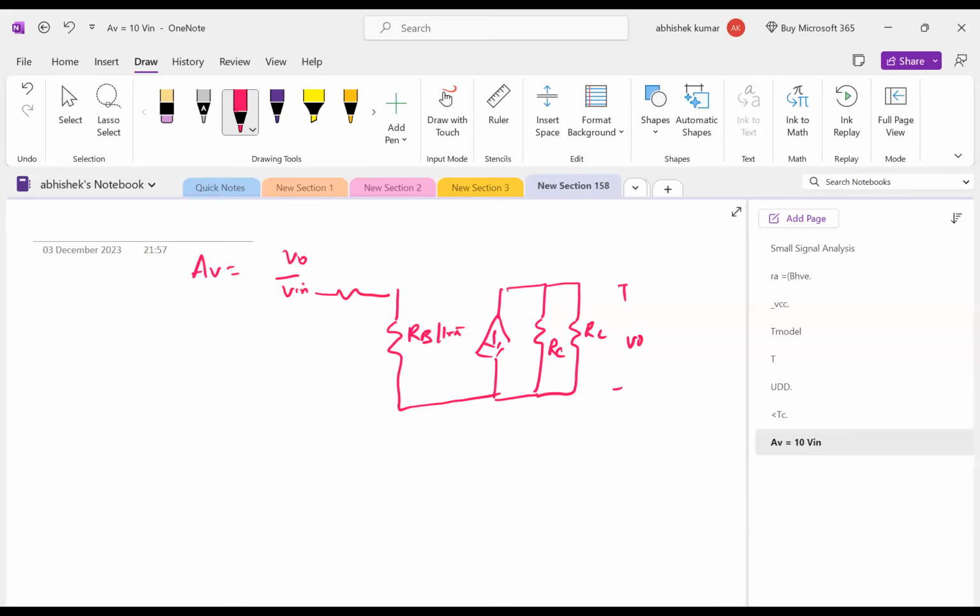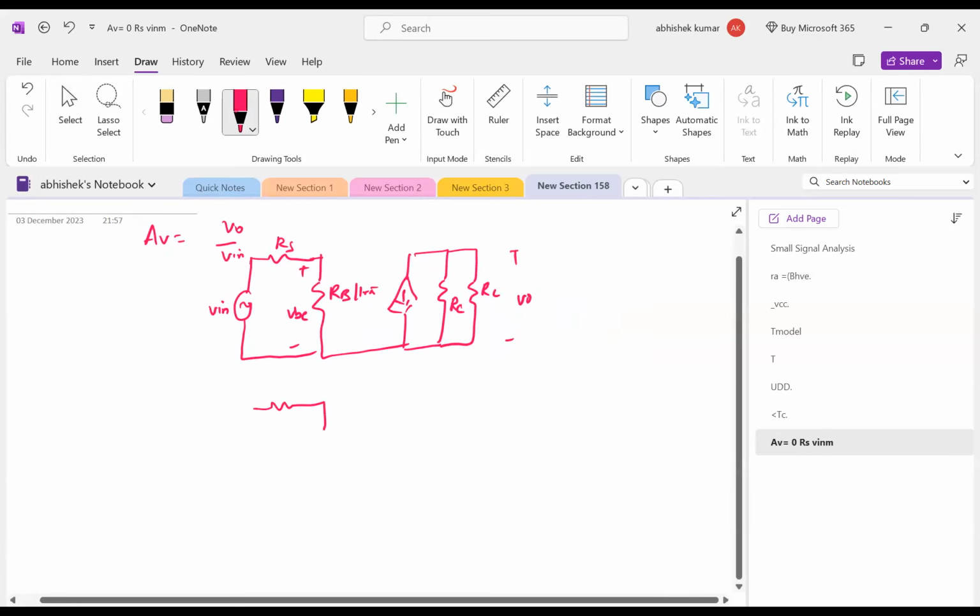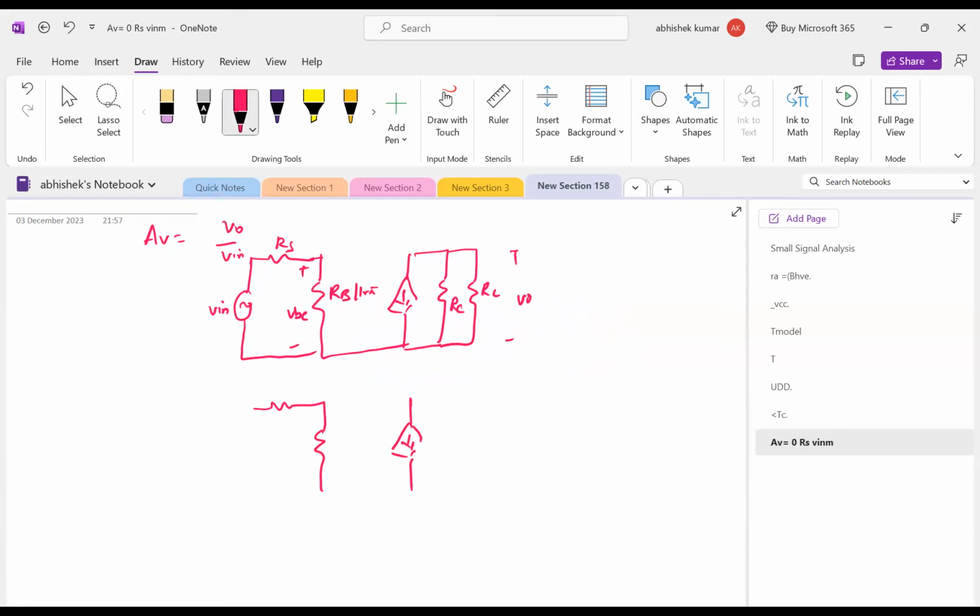It will be similar. This is RS and this is your V input. So could you do the same for RC RL as well? That'll be easier for me as well. We can take it as RL dash.